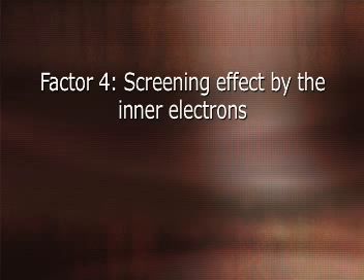As you already know, inner shell electrons screen the valence electrons from the nuclear charge. The more inner electrons there are, the higher the screening effect. The higher the screening effect is, the easier it is to remove valence electrons. Thus, screening decreases the amount of ionization energy that is needed.